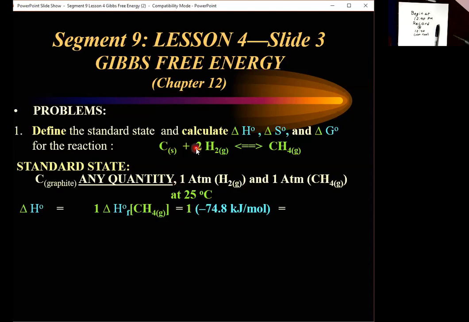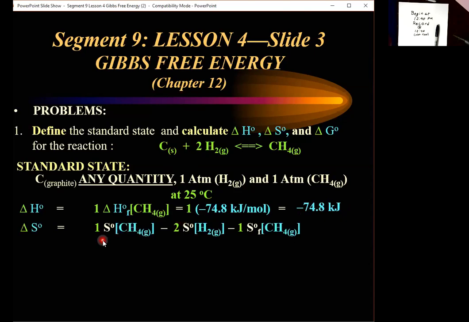Minus 2 times the, let's see, oh no, I'm sorry. I was right. The delta H of formation of CH4 is minus 74.8 kilojoules per mole. So if I got 1 mole, the delta H is minus 74.8 kilojoules.